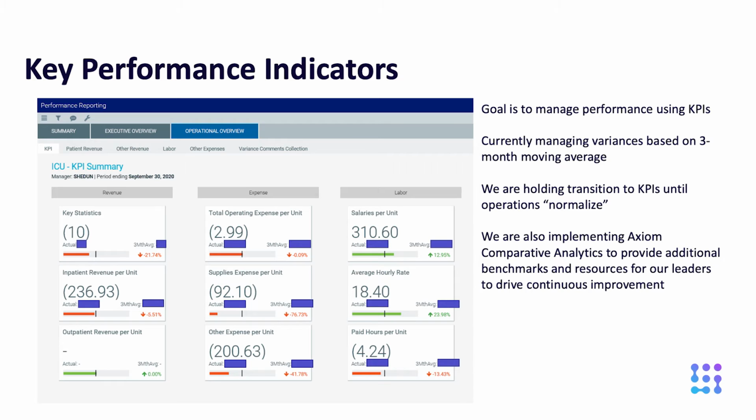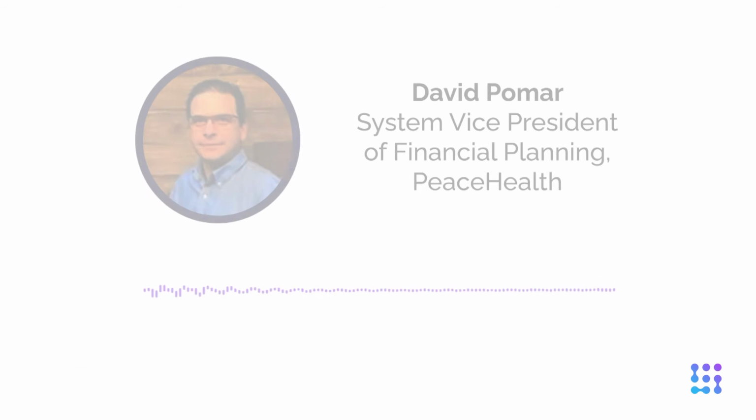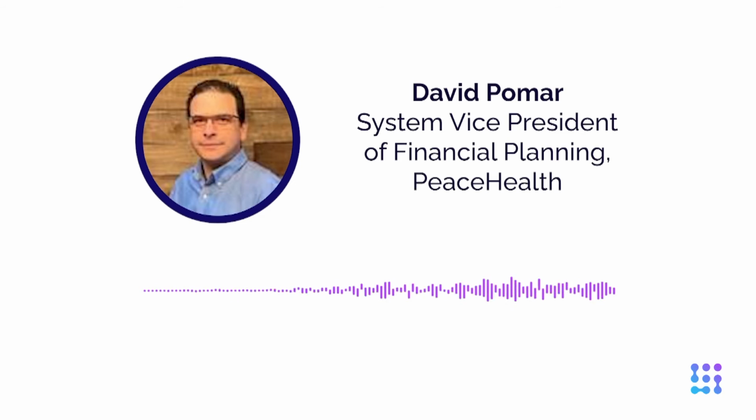The idea, though, is with comparative analytics that we're currently implementing, we'll be able to have benchmarks to compare against and set targets for our departments with that third-party benchmark, as well as just having that 3-month moving average to compare against to ensure that we're continuously improving over time.